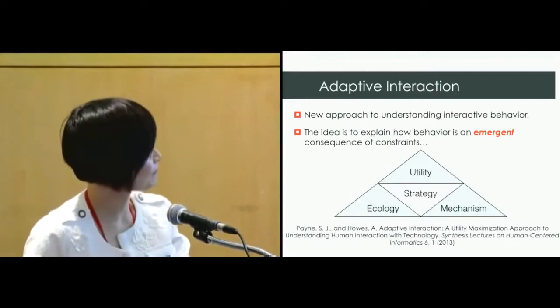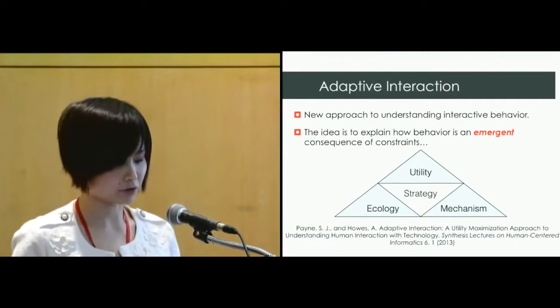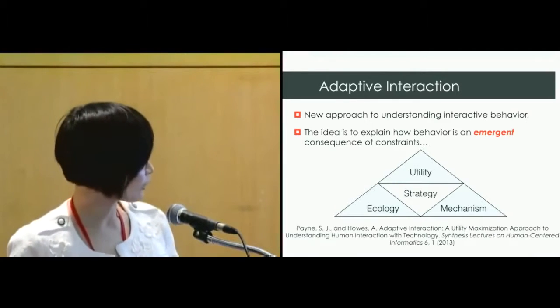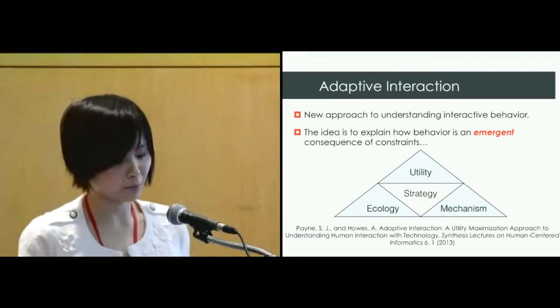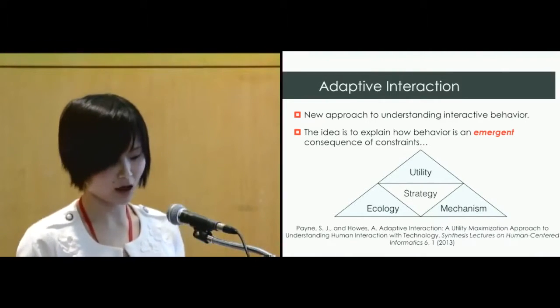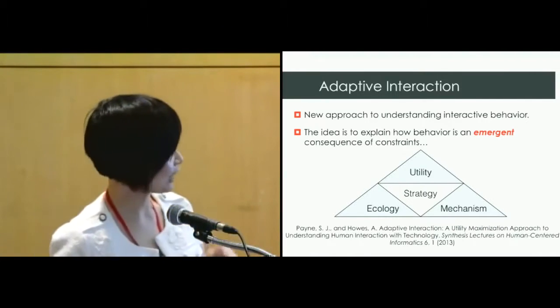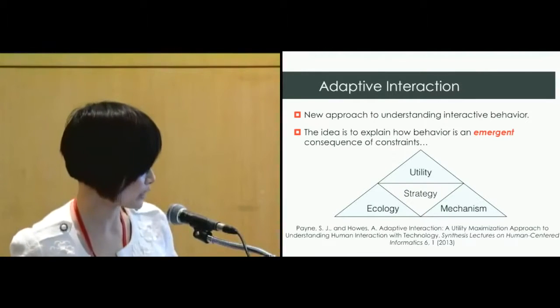Our approach to building a computational model is founded on what we call the adaptive interaction framework. The idea of this framework is to explain how behavior is an emergent consequence of constraints. Now let's look at what sorts of constraints we considered.